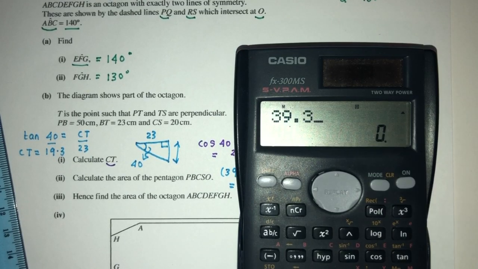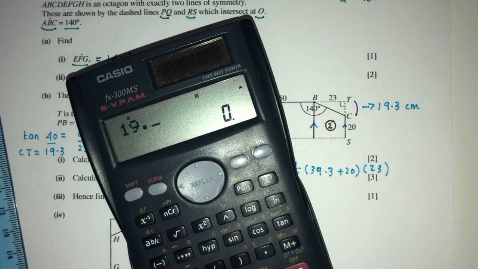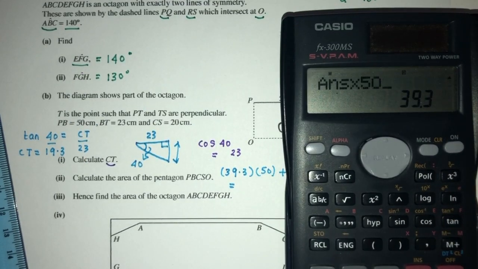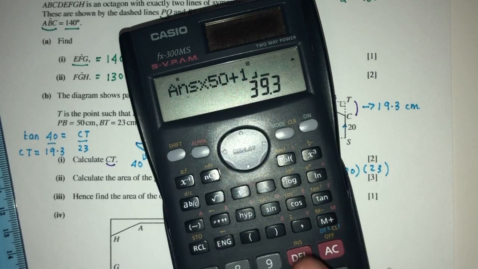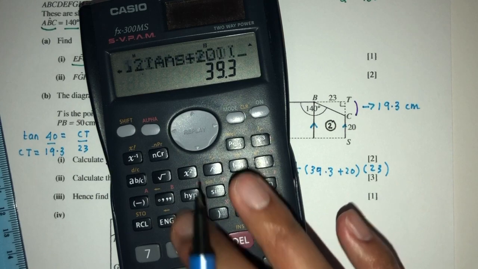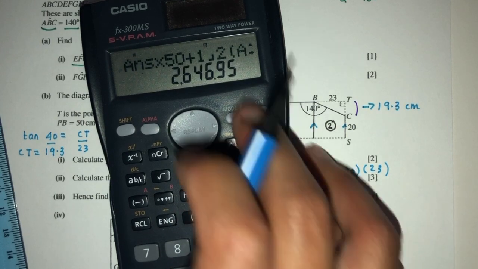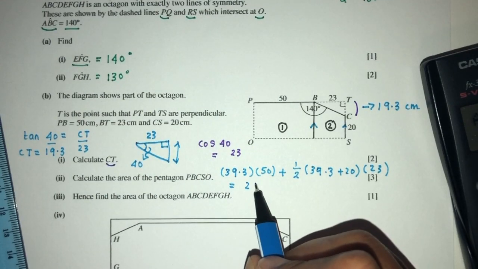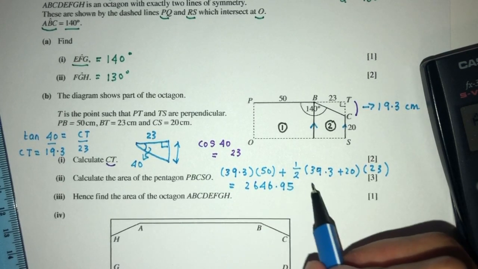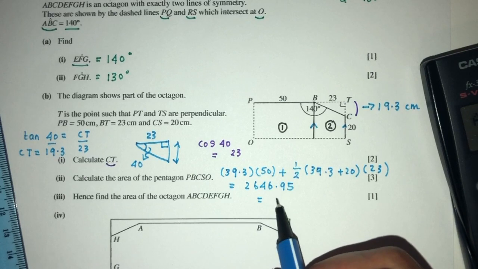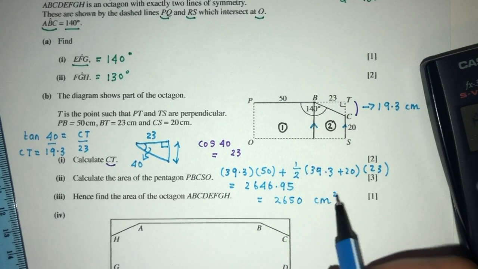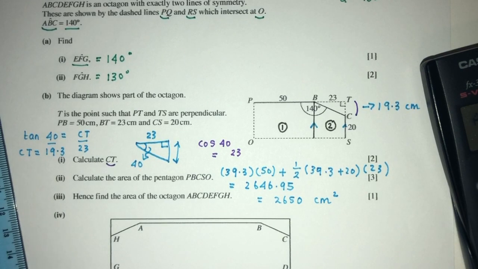So 19.3 plus 20 is 39.3, times 50, plus half of (39.3 plus 20) times 23. That will give you 2646.95. You can write this, or you can write it to 3SF, which gives 2650 centimeters squared for the area of the pentagon.